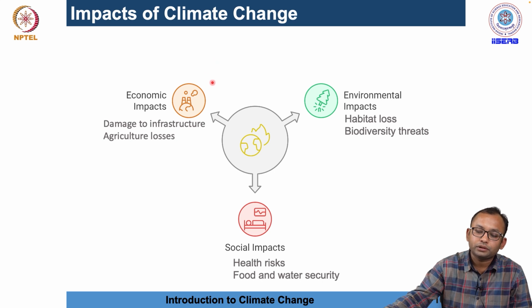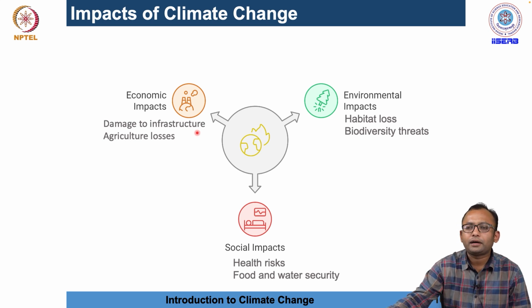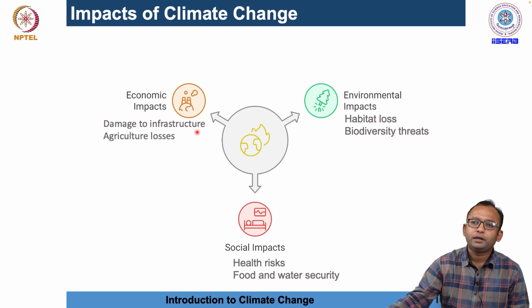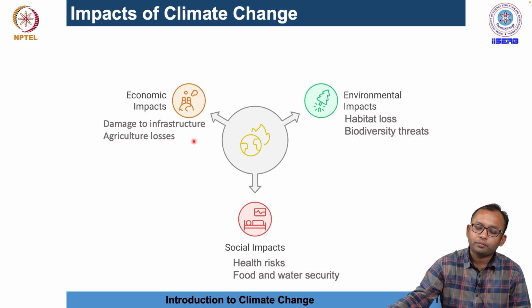It has economic impacts which can damage infrastructure or cause loss of agricultural activities or crops. We have already seen that if certain years are declared drought years, crop productivity and agricultural activity have severely suffered.